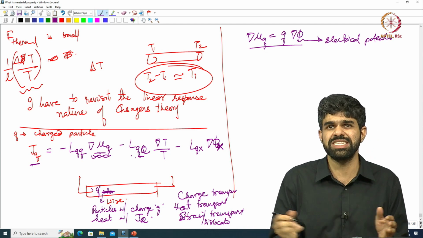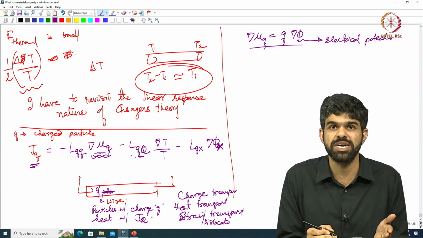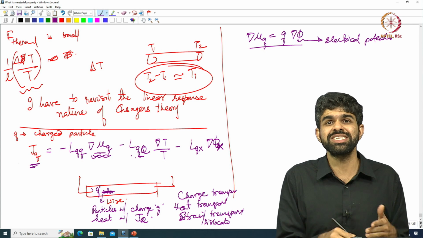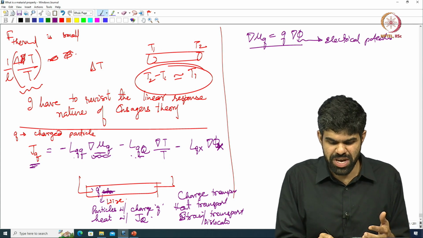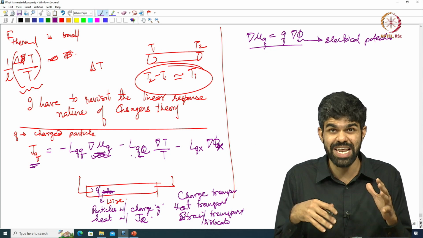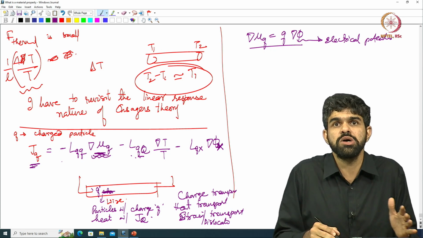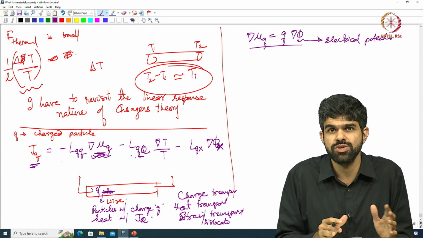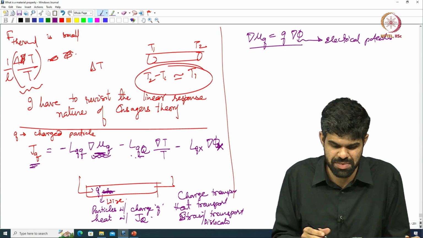So, these will be one and the same. So, here I am looking at this as a charged particle, but I can as well look at it as just current, right, and if I am looking at it as current I will have a del phi here, that is my force or electric field, times a conductance, right. So, that is my Onsager coefficient in some sense, right.